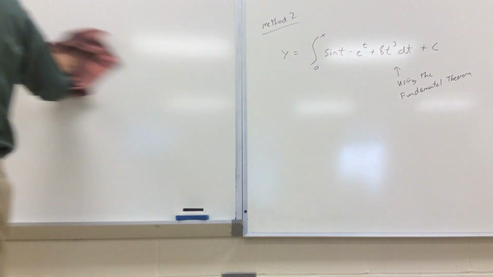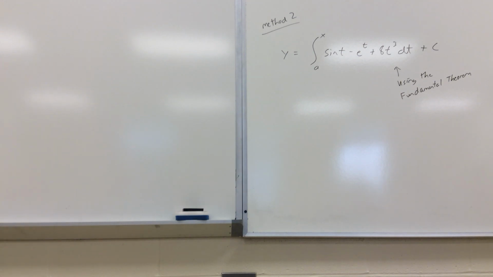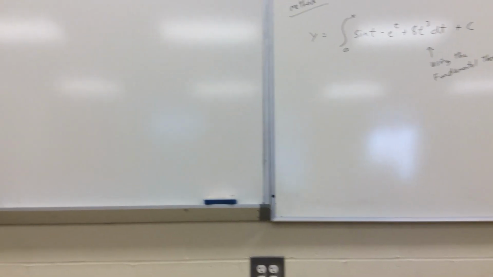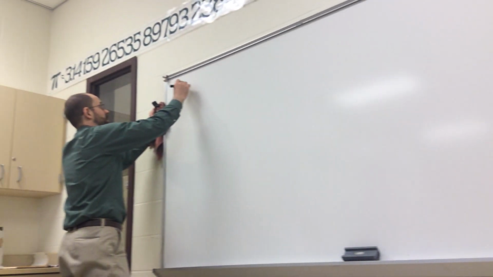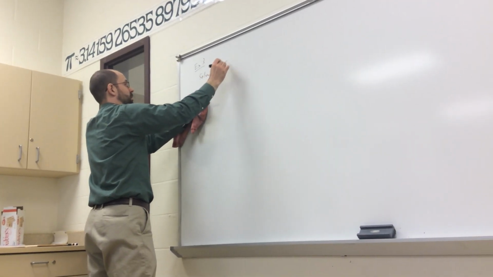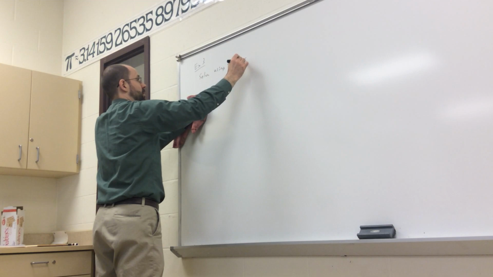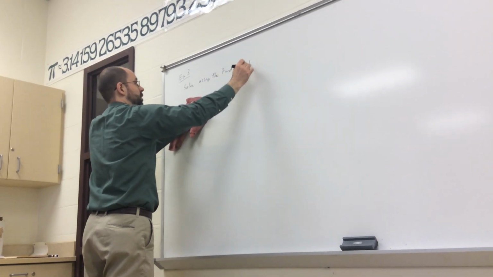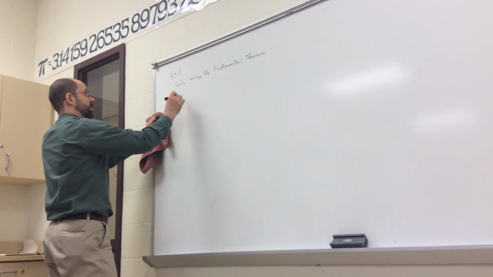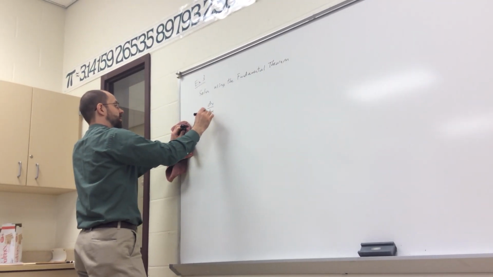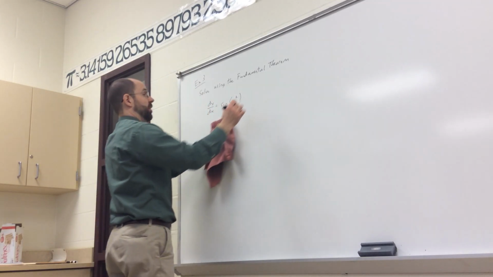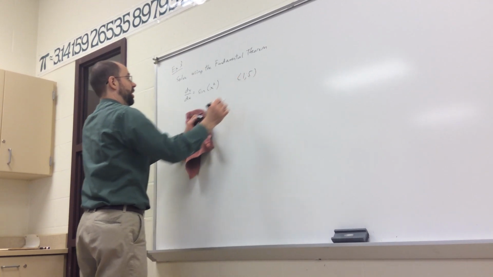Okay, now we're going to solve the initial value problem using the fundamental theorem. And it's dy/dx equals the sine of x squared. And then we're going to have the point (1, 5).